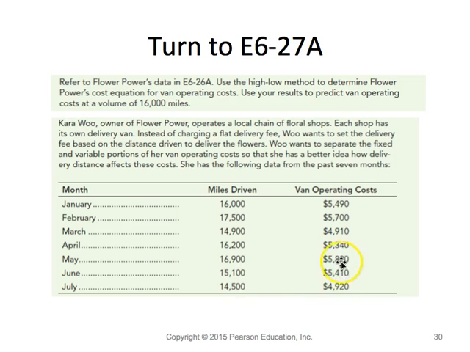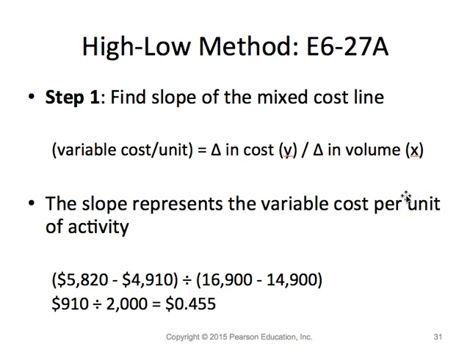So this will be 900 divided by 2,200. It's not easy to calculate. I don't have the calculator with me, but you see how we do that. So in here, this is step 1 to find the slope of the mixed cost line. It's the delta in cost y divided by the delta in volume.